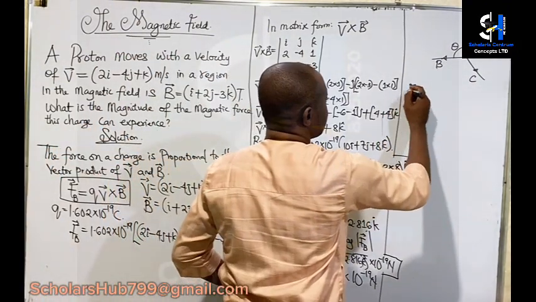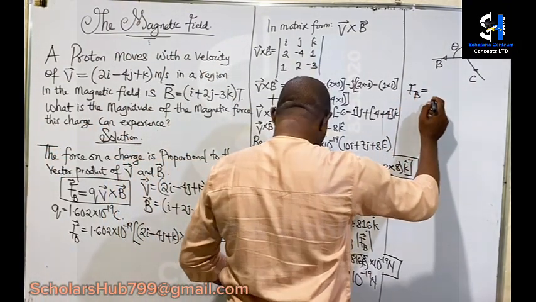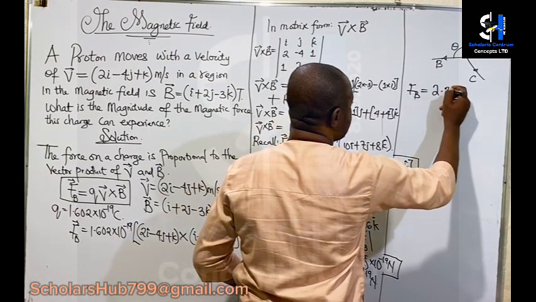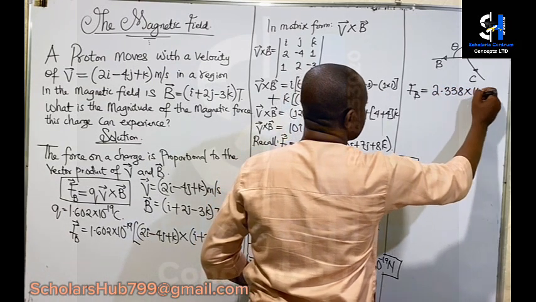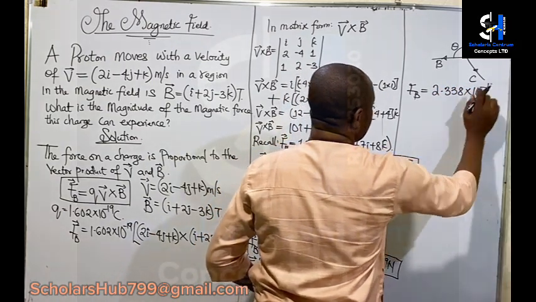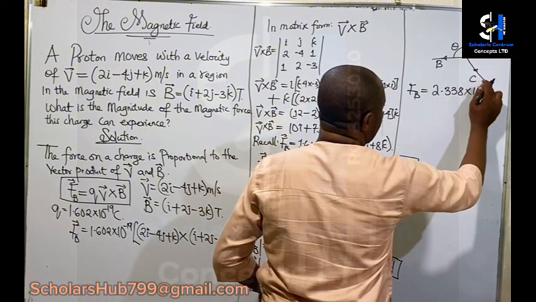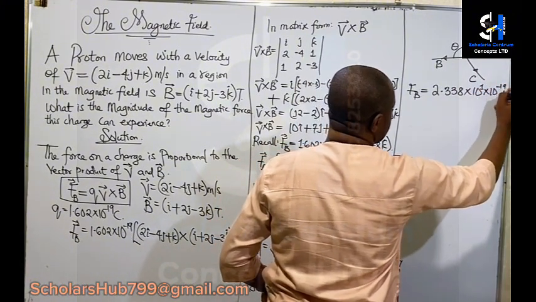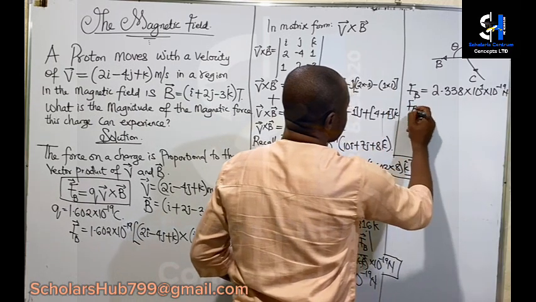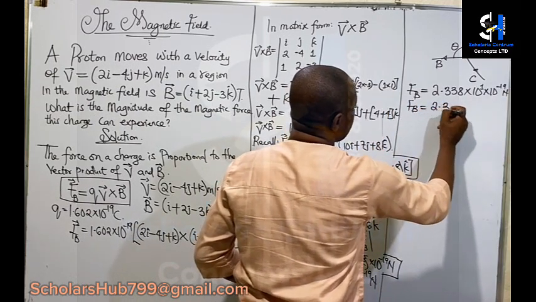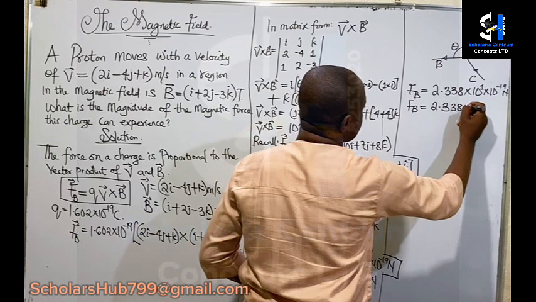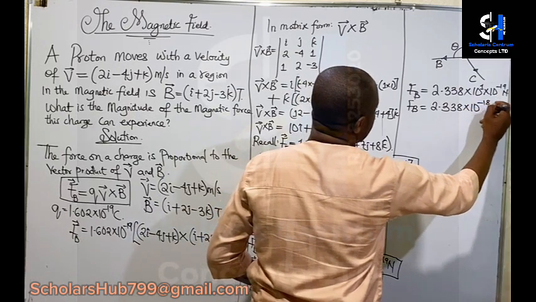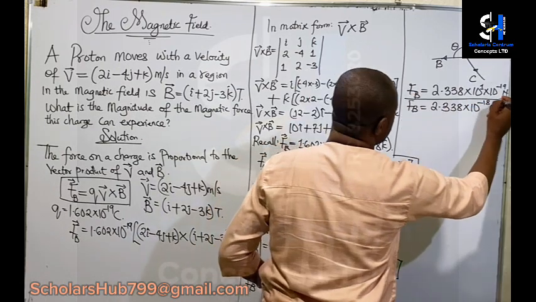Let me write it here: the magnetic force is 2.338 times 10 raised to the power of 1, then multiplied by 10 raised to the power of minus 19. So the magnetic force is 2.338 times 10 raised to the power of negative 18 Newton.